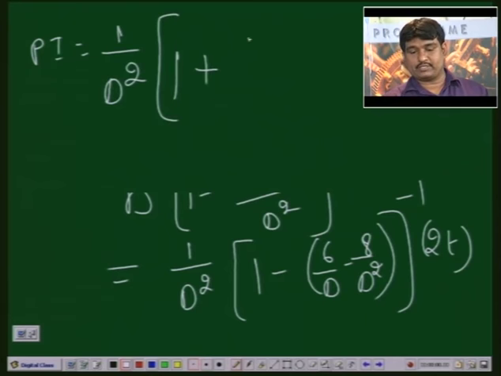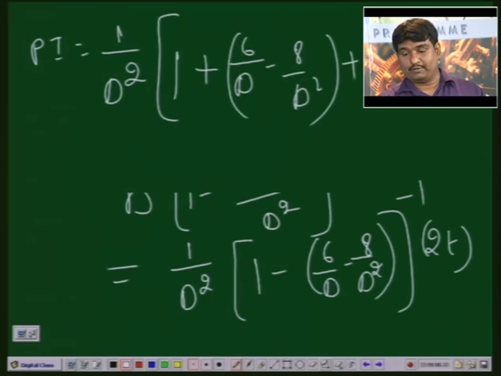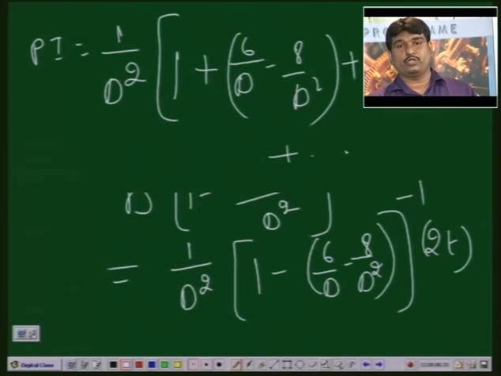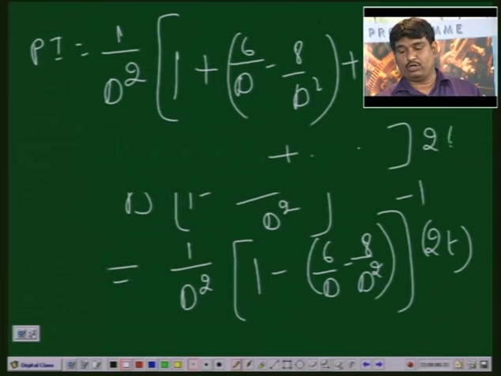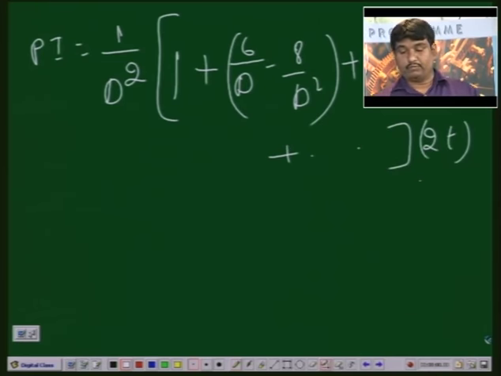It is 1 plus 6 by d minus 8 by d square plus 6 by d minus 8 by d square the whole square plus dot dot dot operating on 2t. Okay, this is an infinite series.